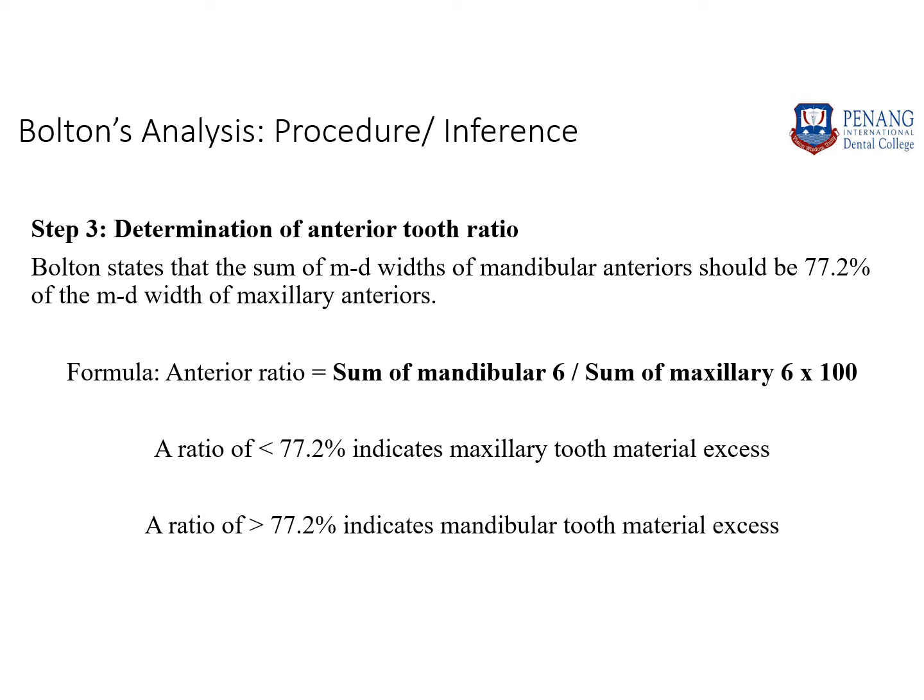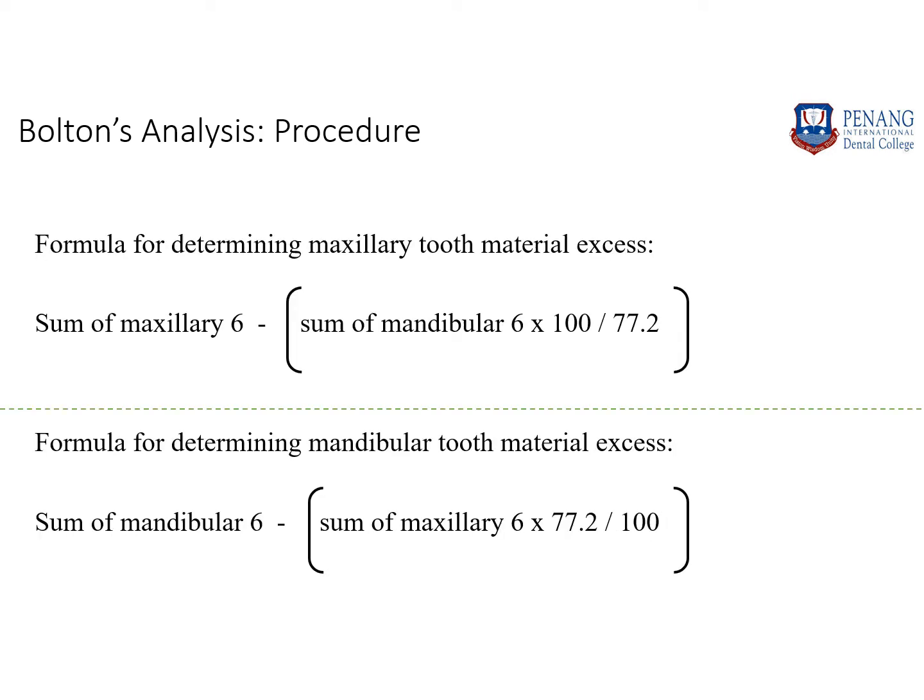Whatever number you have got, if it is less than 77.2%, it will indicate that there is maxillary tooth material excess. If on the other hand, the number you've got is more than 77.2%, then it will indicate that the mandibular tooth material is in excess.